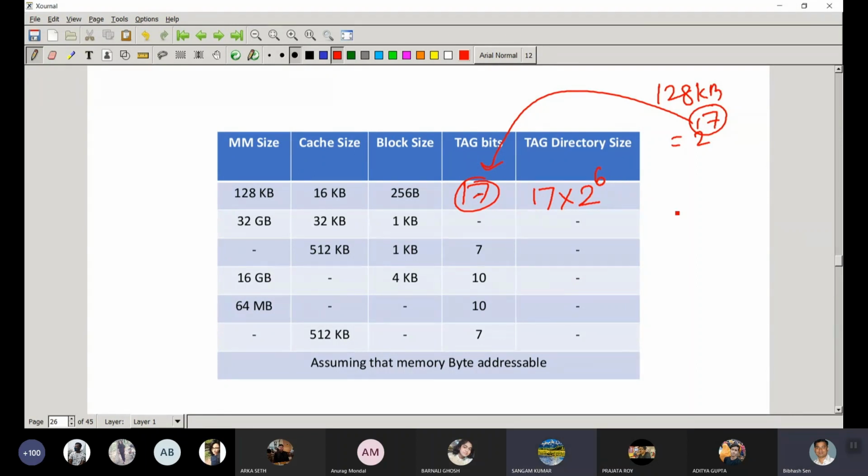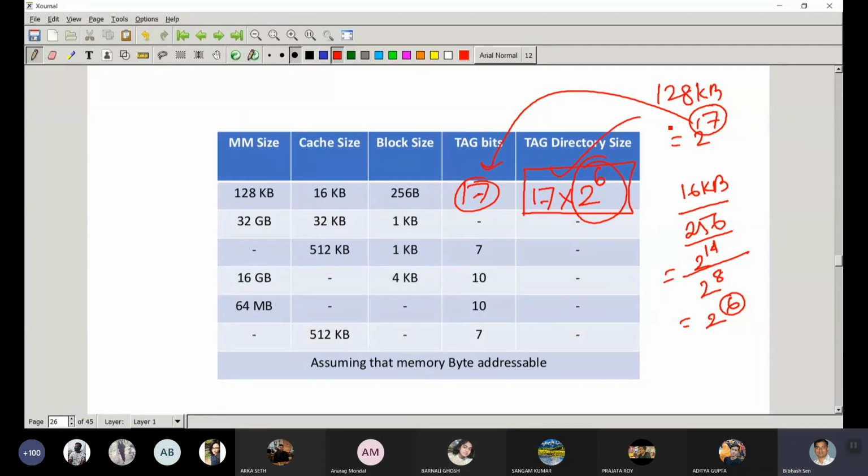How did you find the total number of lines? Sir, cache size by block size. Cache size was 16 KB, block size was 256, which is 2 to the power 8. So 2 to the power 14 divided by 2 to the power 8 gives 2 to the power 6. That's why the number of lines becomes 2 to the power 6. So this is the tag directory size. Is it clear to all of you?